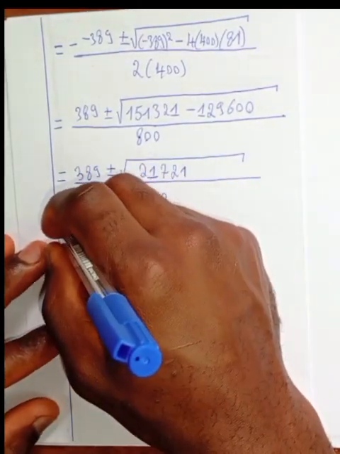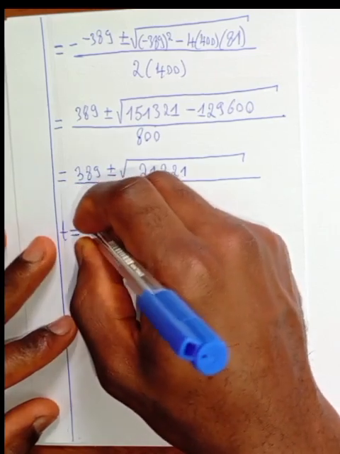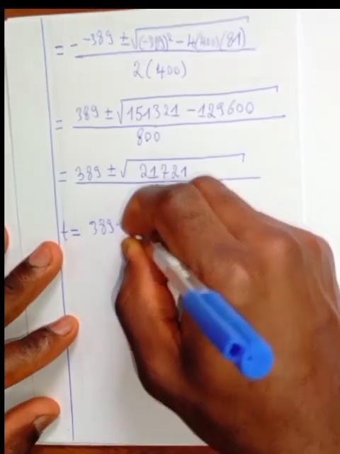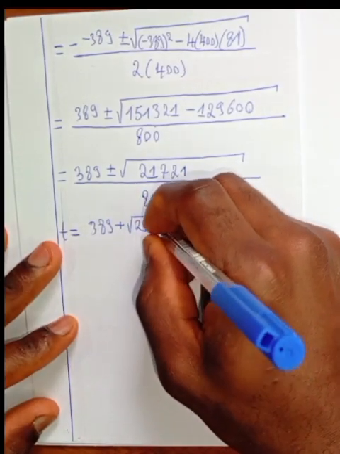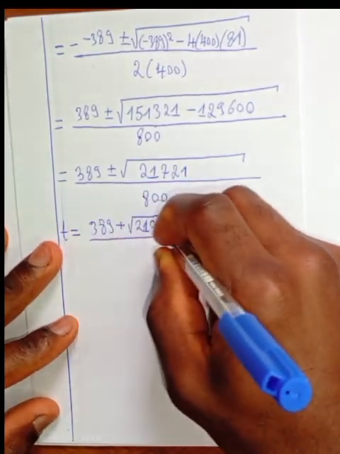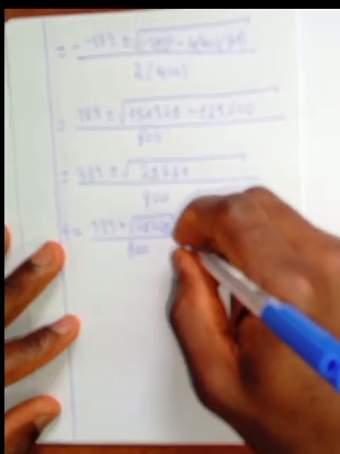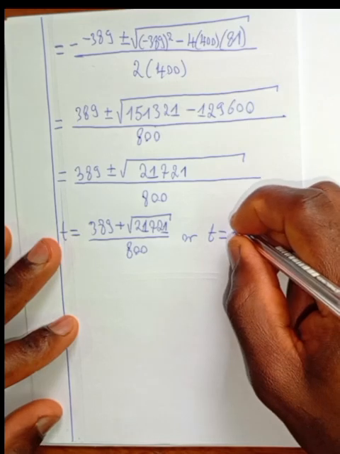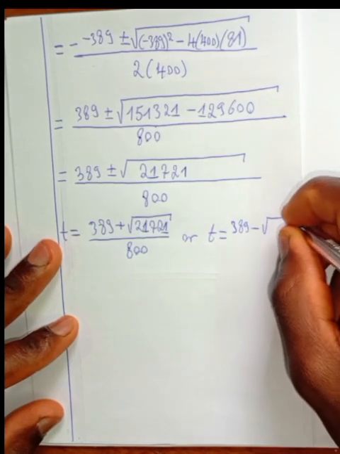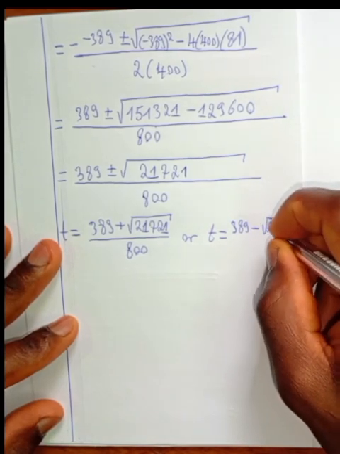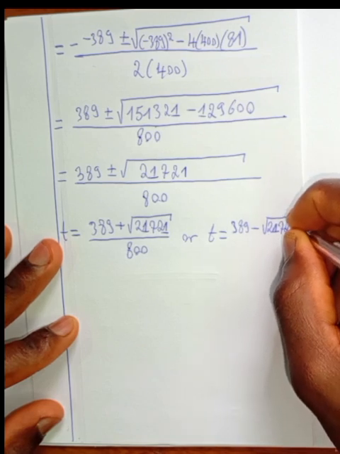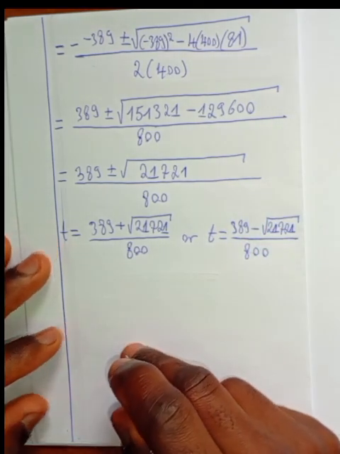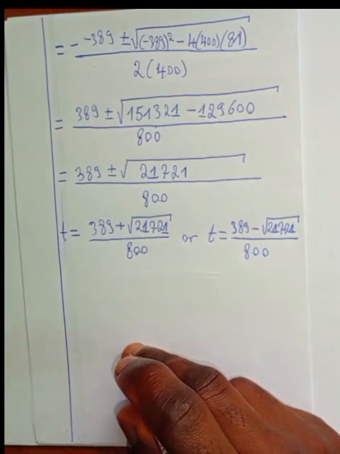Here, at this level, it simply means that t will be equal to 389 plus the square root of 21,721 all over 800, or t will be equal to 389 minus the square root of 21,721 over 800.